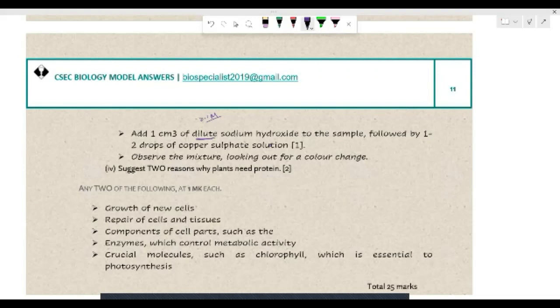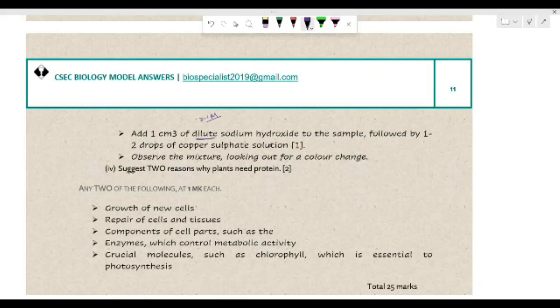So for the Biuret test in particular, your numerical values, your volumes have to be precise, okay? And then you look for a color change, yeah? And those of us that remember, the color change will be from blue to violet, right?